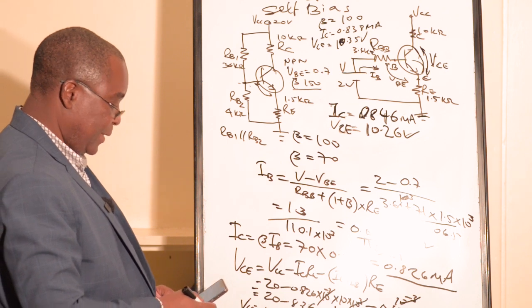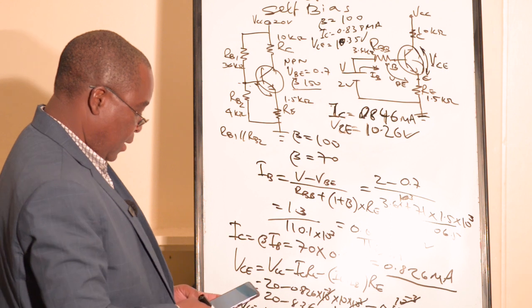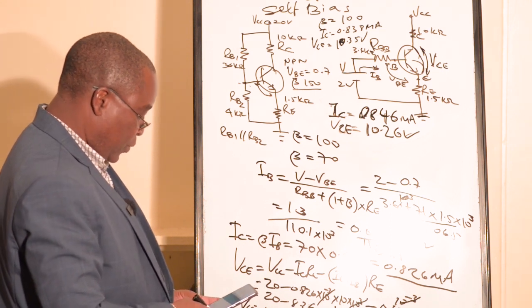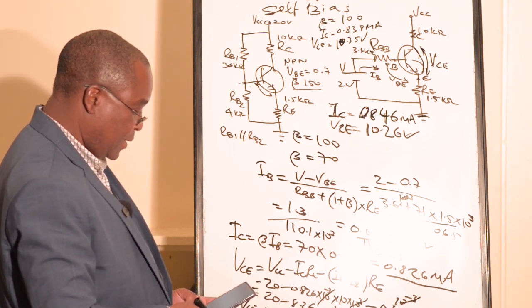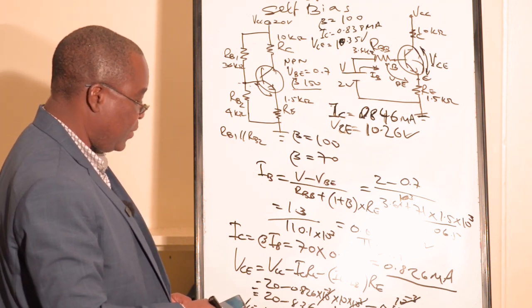I'll confirm again. 20 minus 8.26 minus 1.255 is 10.48.